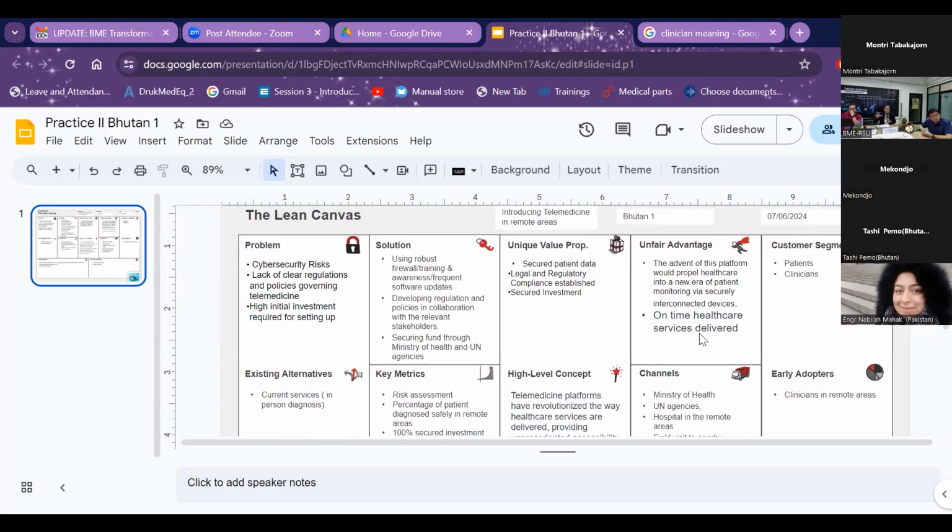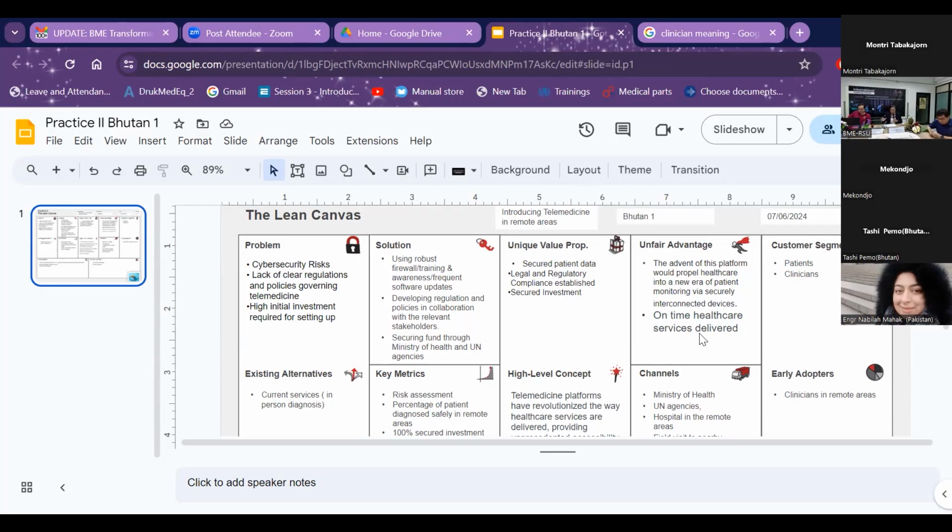Am I right? That's the thing that you want to develop, right? Yes, ma'am. So maybe you can make the topic clearer, the development of telemedicine with cyber security, and maybe you add to it complying with the standard.